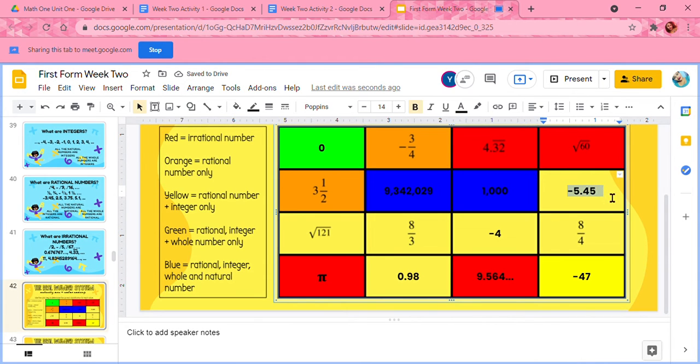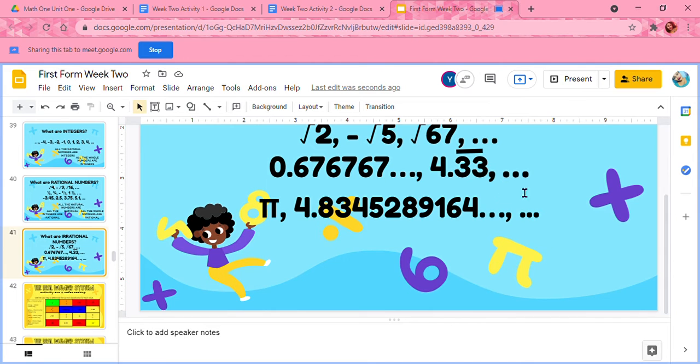Okay. Negative 5.45. Where would that go? No, it's not an irrational number. Remember that for it to be irrational, it has to be never ending, right?